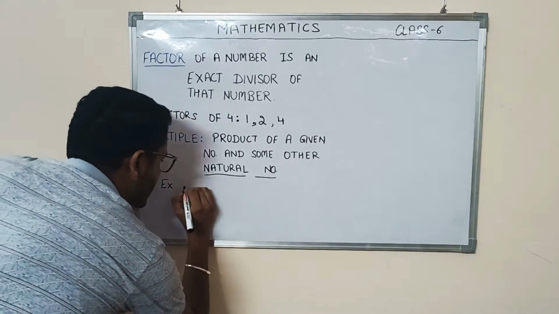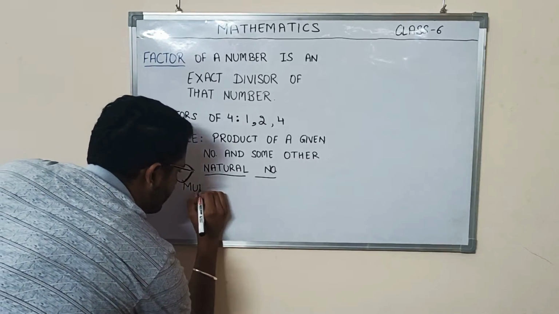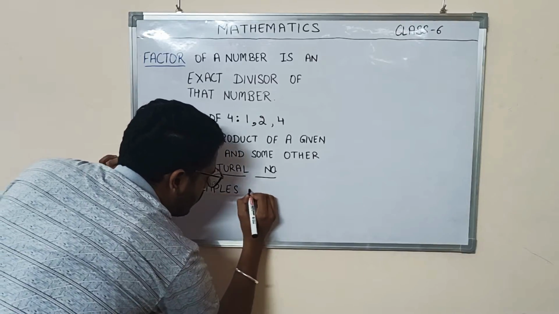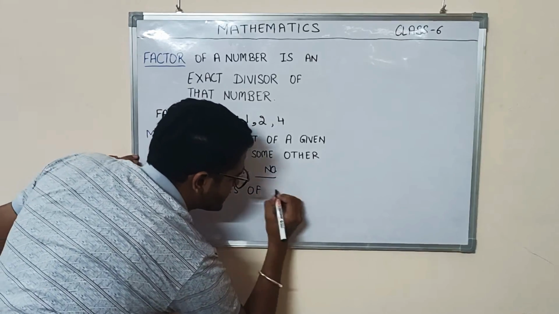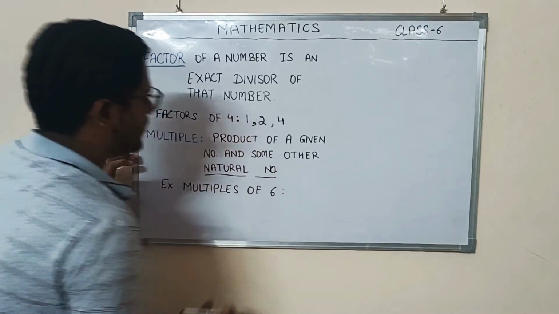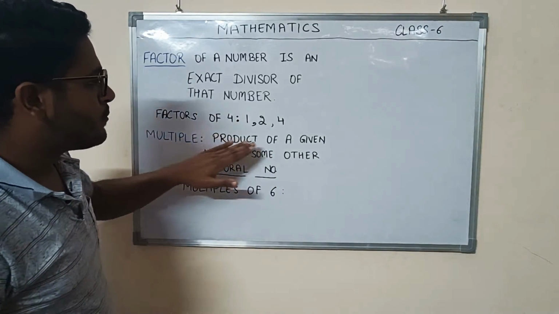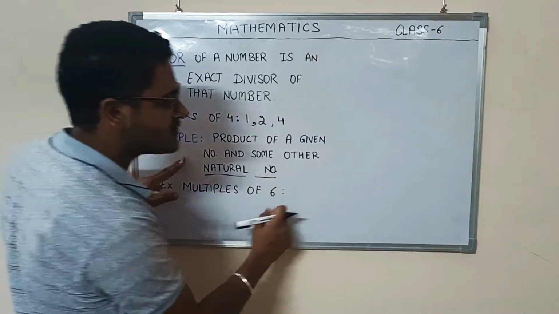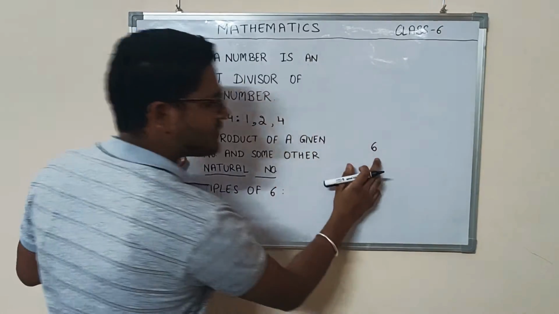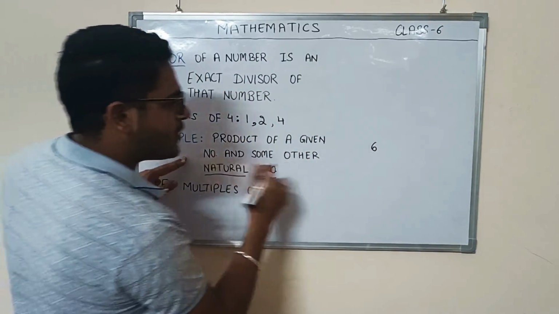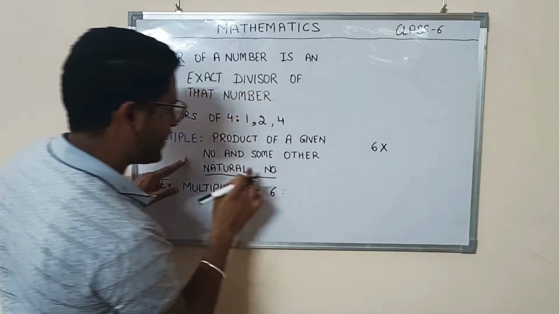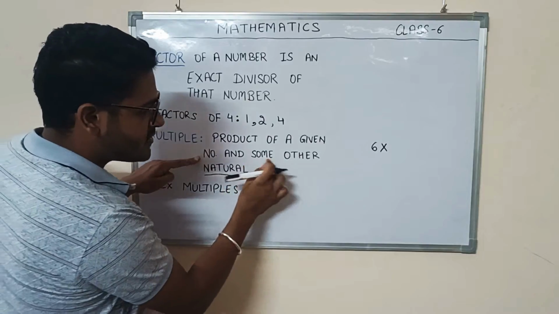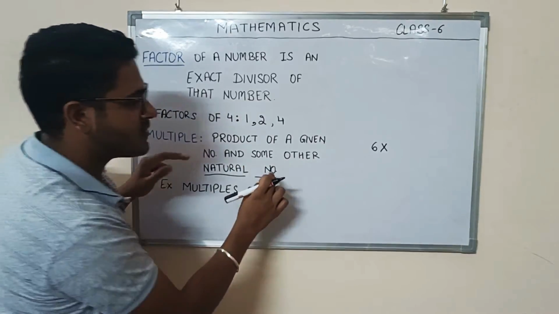let's try to find the multiples of 6, right? Now what the definition is saying is the product of a given number. Here in this case the given number is 6, right? 6 multiplied by some other natural number.